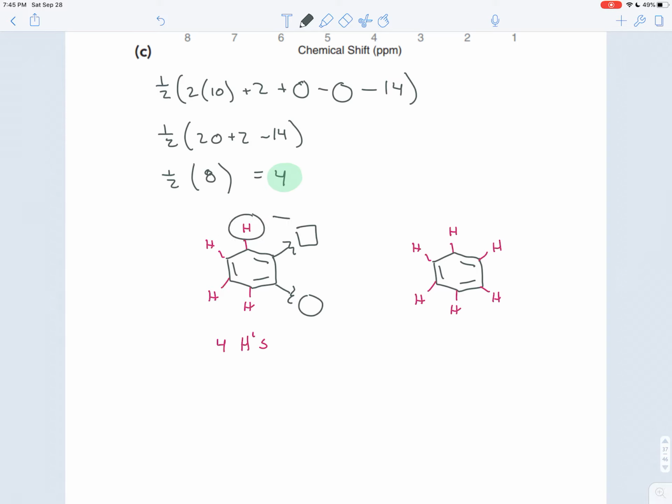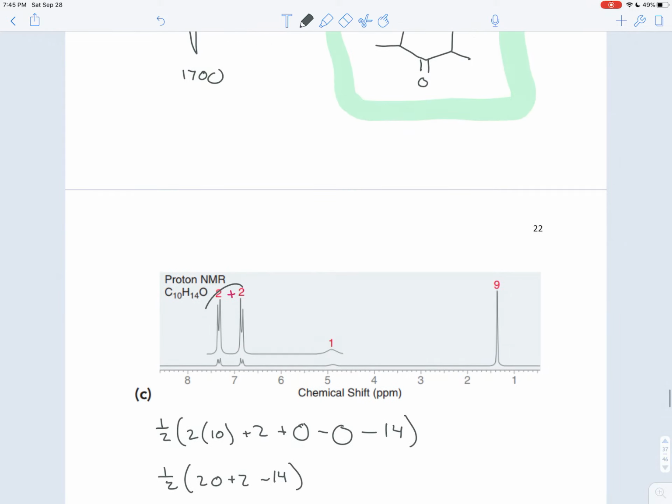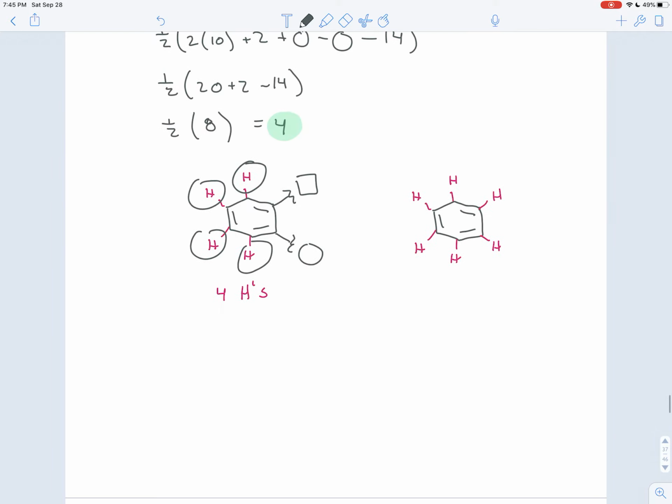This one at the top is really close to the square branch, but far from the circle branch. The one at the bottom is really close to the circle branch, but far from the square branch. So all of those hydrogens would be in different electronic environments, and you would get 1, 2, 3, 4 separate peaks. But we only have 2 separate peaks.